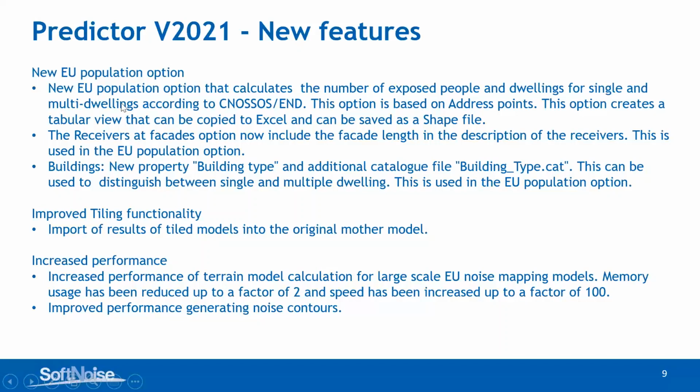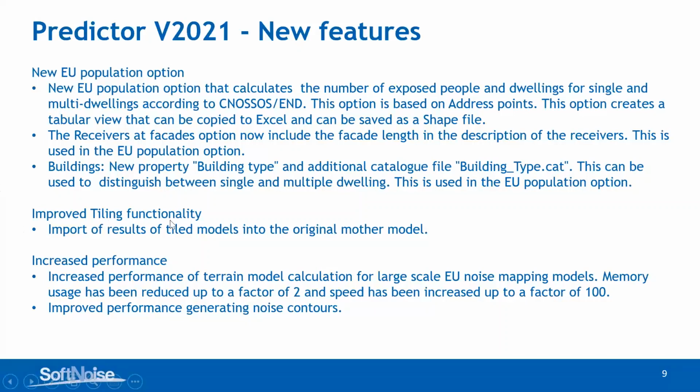This option is based on address points, and I'll show you in some slides later in this presentation. It creates a tabular view that can be copied to Excel, but can also be saved as a shapefile. In order to do this, we needed to change the receiver at facade option and also to add a new property, building type. I'll show you later in this presentation.